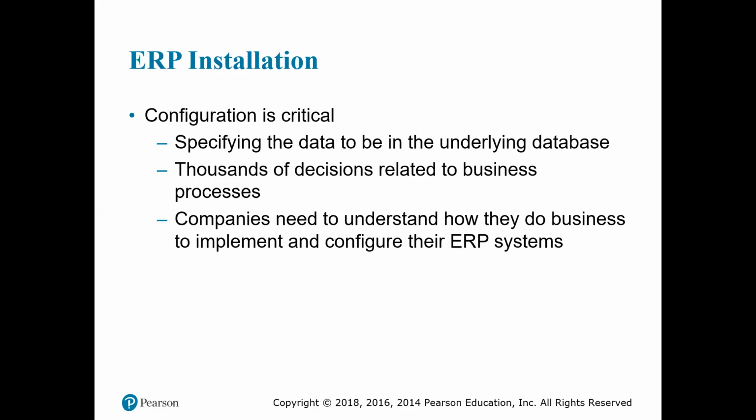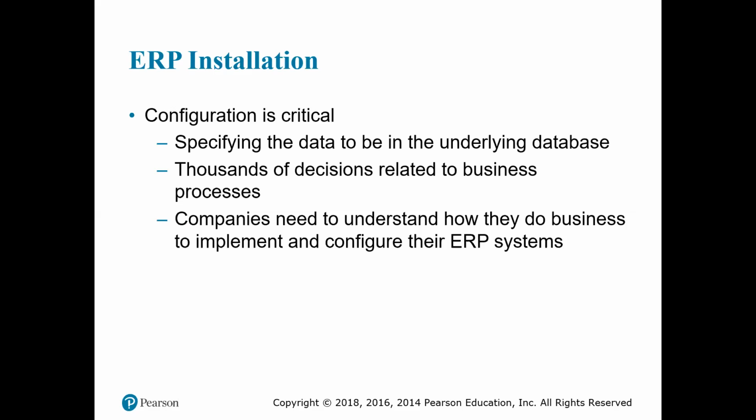Customization involves the programming of company-specific modules or changing how business processes are implemented within the system and is often discouraged. Configuration is an activity to be performed during an ERP implementation.